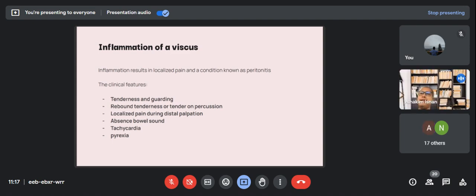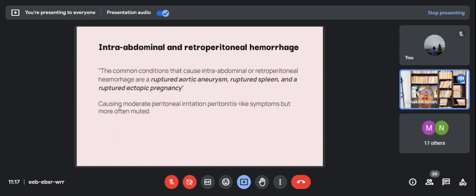Okay, next slide. Here are the causes of another etiology, which is intra-abdominal or retroperitoneal hemorrhage. The most common conditions which can hemorrhage are a ruptured aortic aneurysm, ruptured spleen, and ruptured ectopic pregnancy. If it has ruptured and is exposed to the abdomen, the patient may later develop peritonitis.